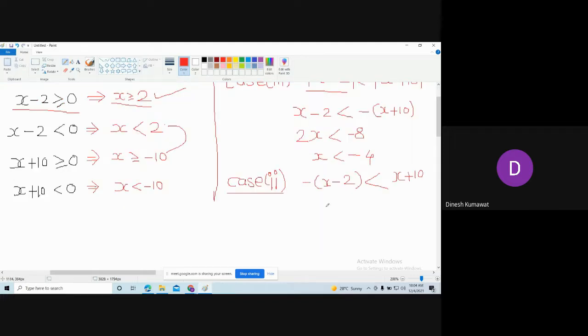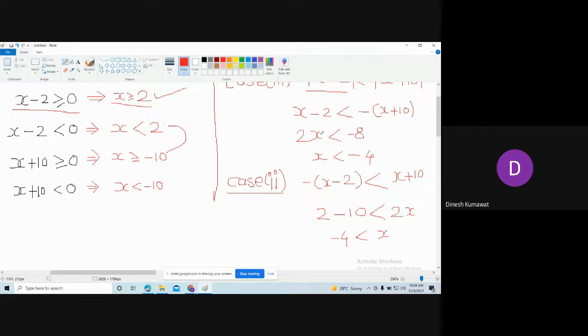So this gives me 2 minus 10 is less than 2x. So here I am getting x is strictly bigger than minus 4. Is it or not? Yes, sir. But here we made some error, either in case number 3 or in case number 2. So let us correct that.